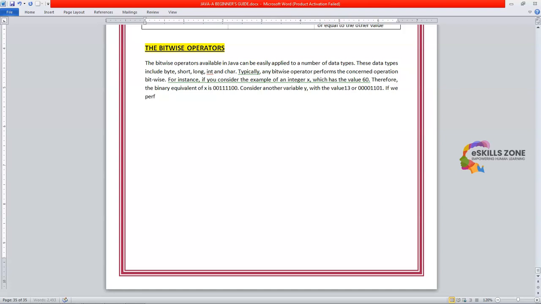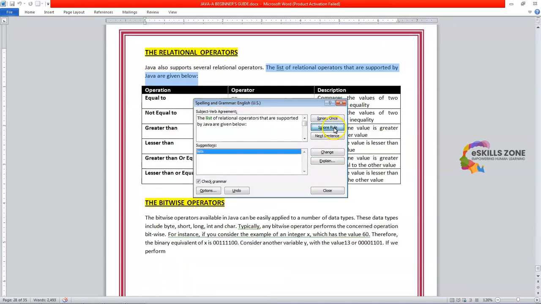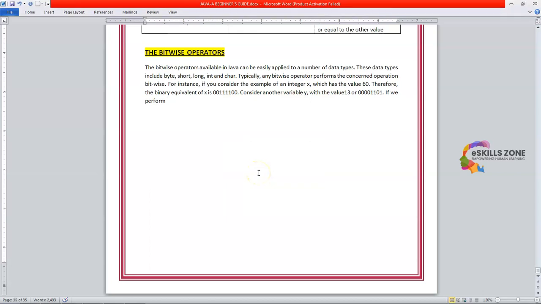If we perform the bitwise operation AND on these two numbers, then you will get the following result: x and y equal to 0 0 0 0 1 1 0 0.